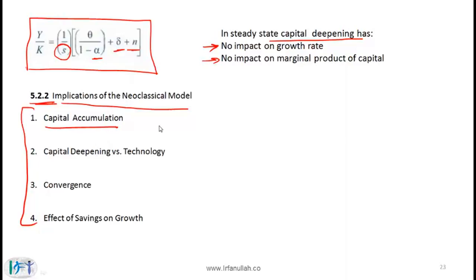So this is the expression that we have been talking about, that the growth rate is given by n plus theta over 1 minus alpha. The second category, capital deepening versus technology.